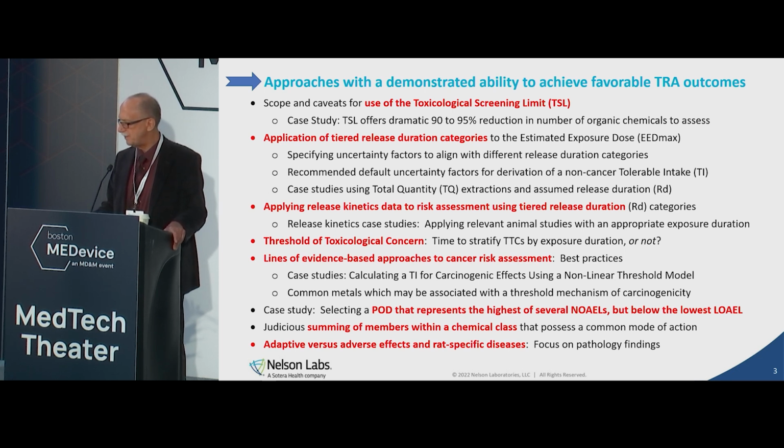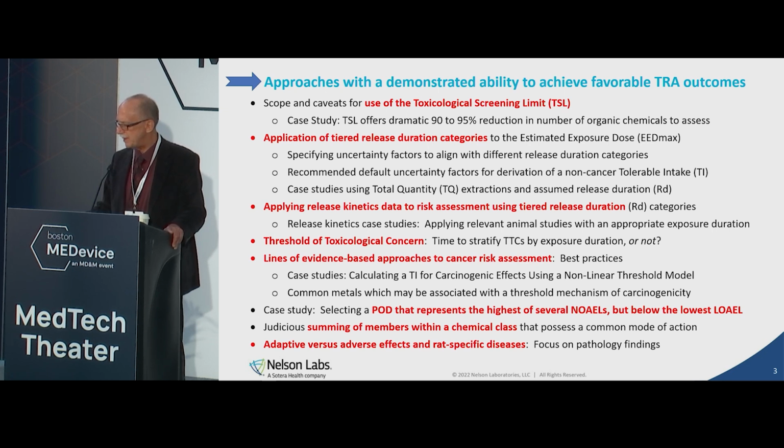Along with that comes the tiered default uncertainty categories, and application of release duration to case studies with total quantity extraction. In addition, the standard makes good use of release kinetics data, which are individual sequential extractions, and there's a release duration applied to those studies for risk assessment as well.